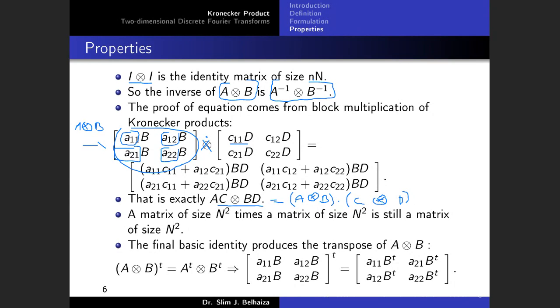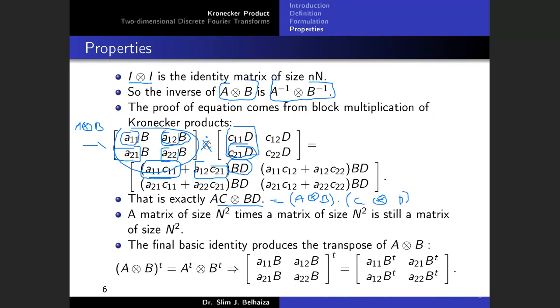I multiply the first row by the first column, and I get A11B times C11D, which gives A11C11BD. On the next item, I'm going to have A12B by C21D, so I have A12C21, and I can put BD at the end as a common factor. This is what I get.